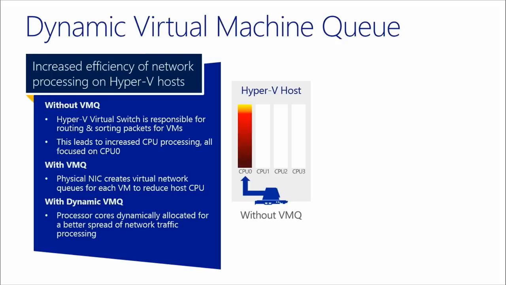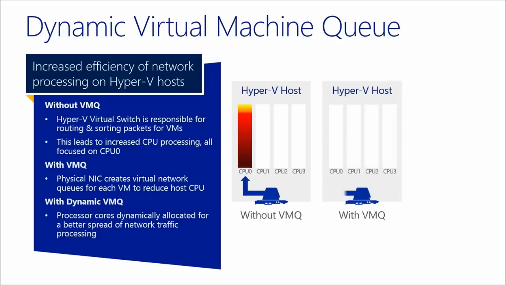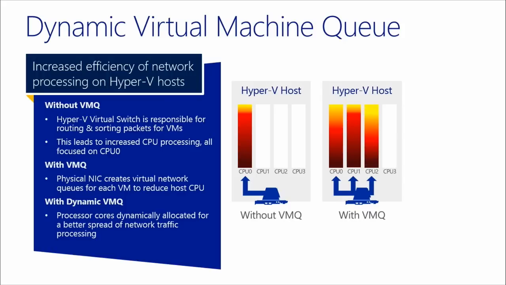If you imagine a host that's not got VMQ-capable NICs, the processing of Hyper-V VM network traffic is largely going to be routed to a single CPU, a single core within that CPU, which could get quite hot. Whereas with VMQ, it does a reasonably good job of balancing that traffic processing across a number of cores within that system.